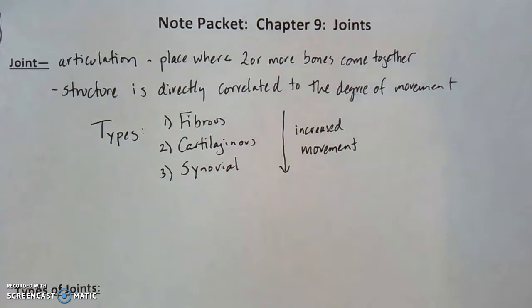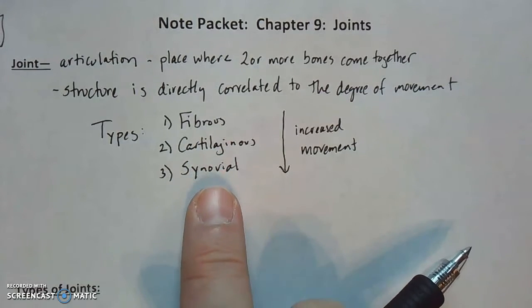So fibrous joints, there's little to no movement. Synovial, we have a lot of movement. And based on how the bones are connected together or come in contact with one another tells us what type of joint it is.